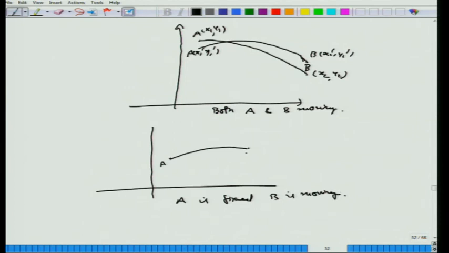So, A is (x1, y1), B is (x2, y2), and now B has moved here, B (x2', y2'), and it can move like this, B (x2'', y2''). So, B is moving here freely, or it may move along a curve. So, it may be constrained movement or it may be a free movement.